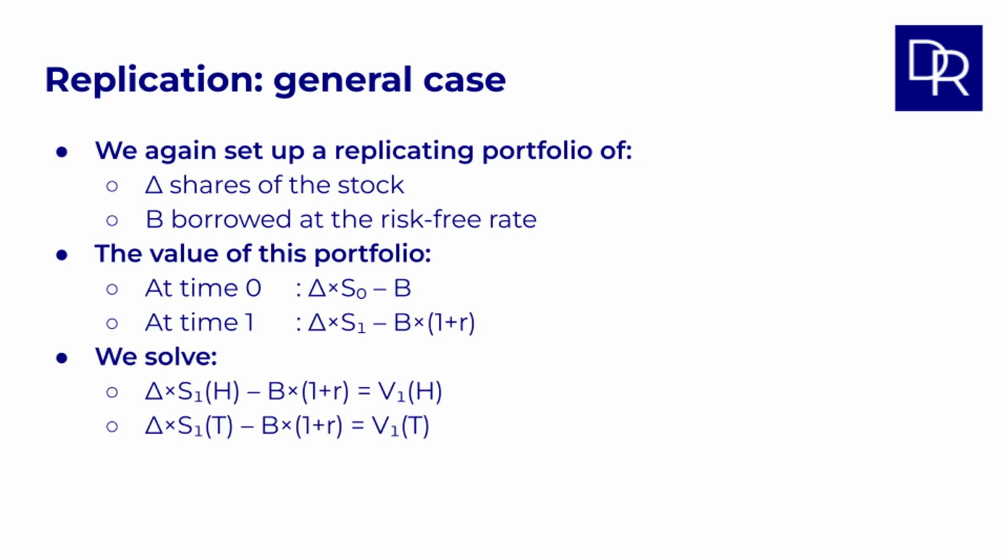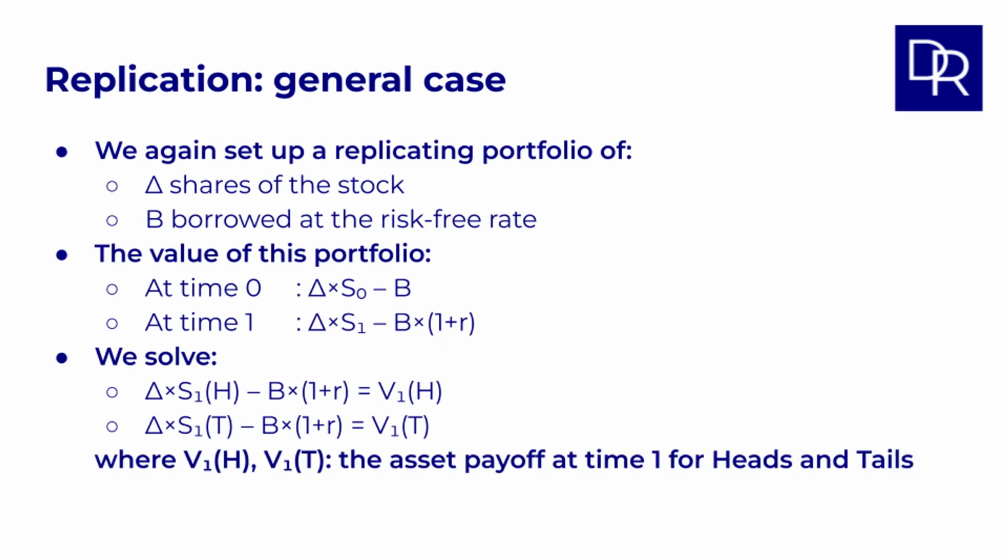The payoff of the replicating portfolio again needs to be equal to the payoff of the asset, so we solve these equations. So delta times S1H minus B times (1 plus R) equals V1H for the head scenario, and the similar equation for the tail scenario, where here V1H and V1T are the asset payoff at time 1 in the head and tail scenarios respectively.